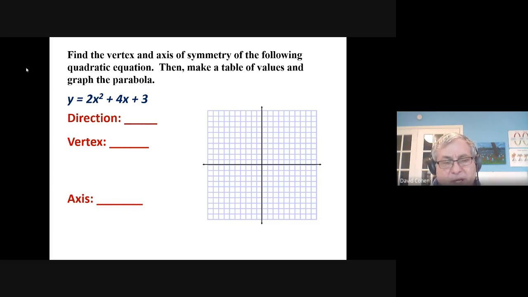That's 2 times negative 1 squared, so that's 2, plus 4 times negative 1, which is negative 4. So 2 minus 4 puts us at negative 2, plus 3 is 1. So our vertex will more than likely be at negative 1, 1. And our axis of symmetry, also derived from negative b over 2a, should be at negative 1.